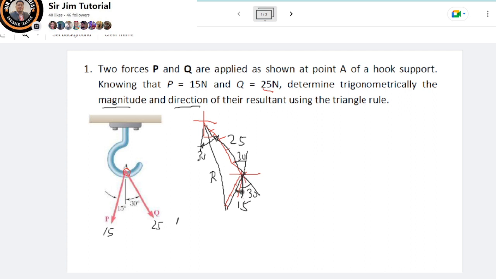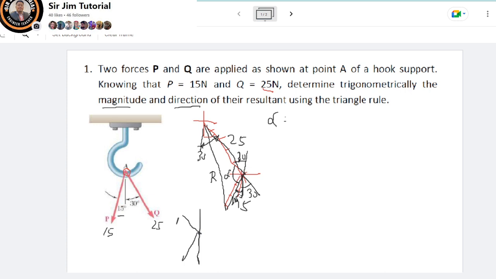And then this one from our drawing, this is 15. Okay, that's 15 degrees. So what is this angle? Let us say this is theta, of course, or alpha. Alpha is just equal to, the total angle is 180 degrees.